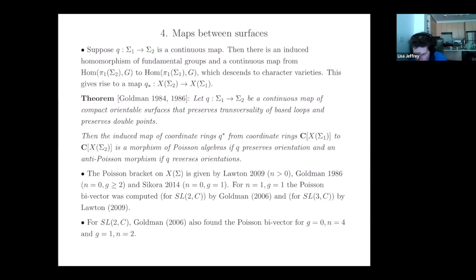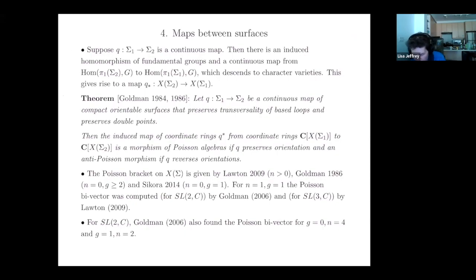Yes, so if Q is a map of compact orientable surfaces, Goldman required that the map preserve transversality of base loops and preserve double points.